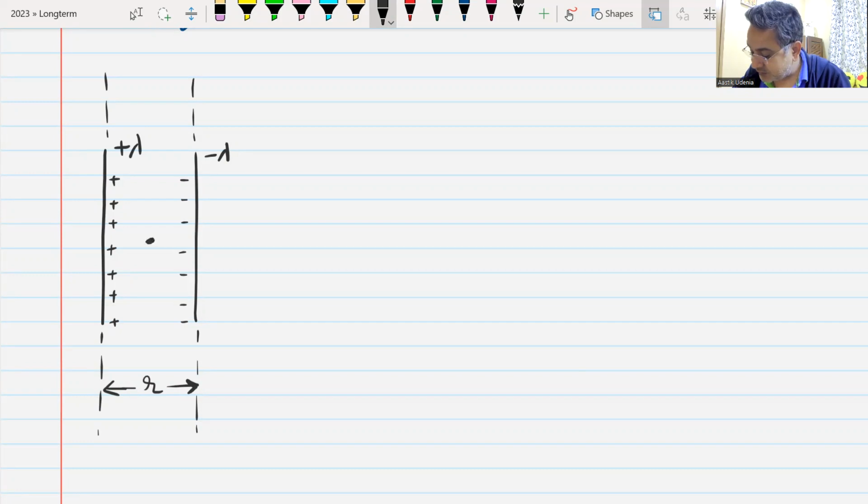There is a point P at the center of these two wires. You have to find the electric field at the point P, which is at the center of these two wires. You understand the question? Both the wires are infinite. I'll give you 2 minutes to give me the answer.